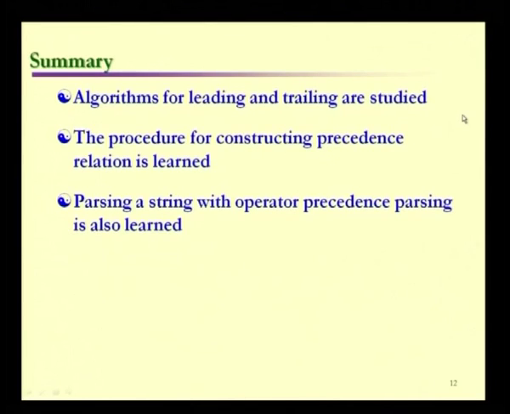So, to summarize, we have seen how we construct the leading set and the trailing set, and the three relationships less than, greater than, and equal. Then we have seen the algorithm for the precedence relation, that is, how we construct the precedence relation with the help of the leading set as well as the trailing set.